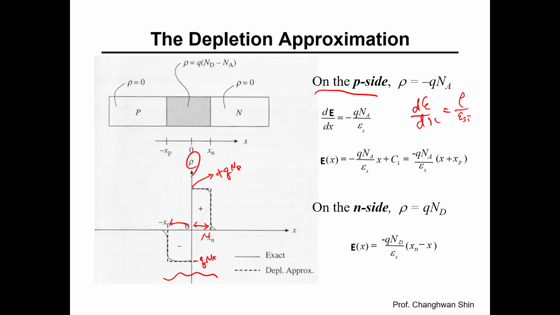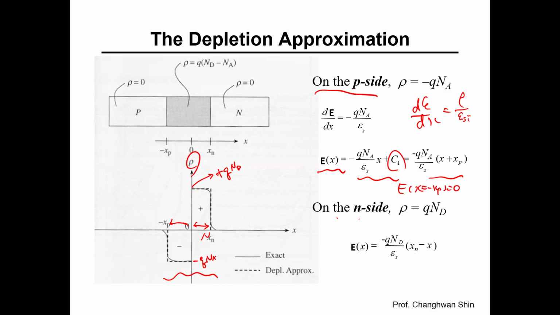On the P side, this gives us the electric field E sub P is equal to this, where we have determined the integration constant C1 by applying the boundary condition that the electric field at x equals minus xP is equal to 0. The field must vanish at the edge of the depletion region.